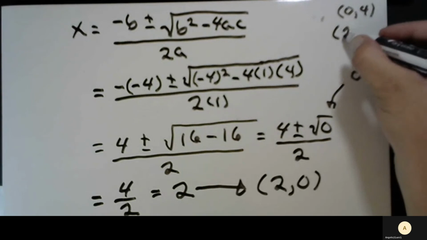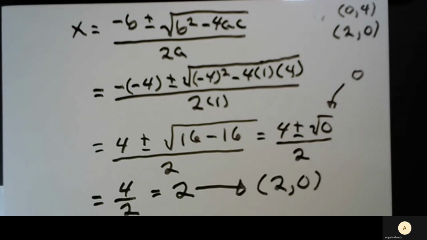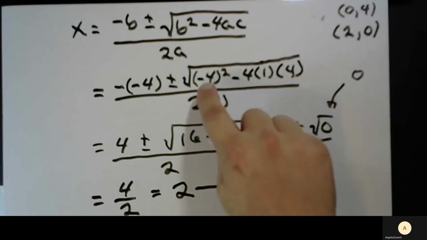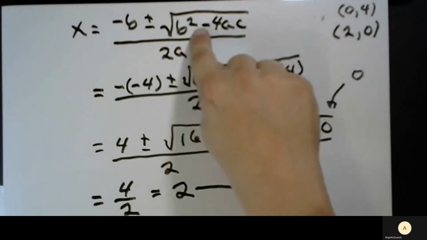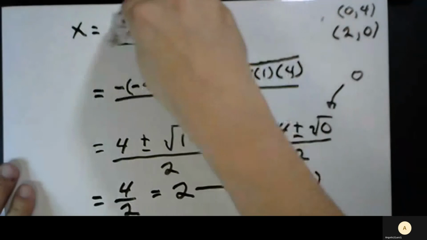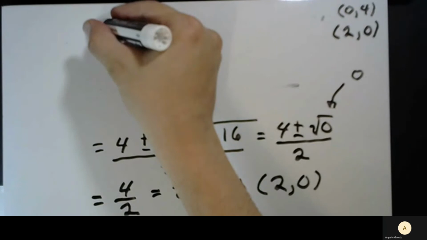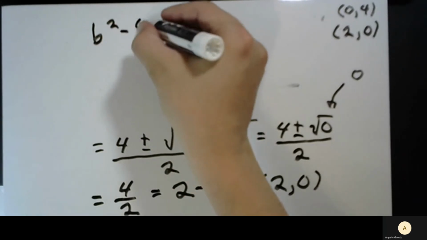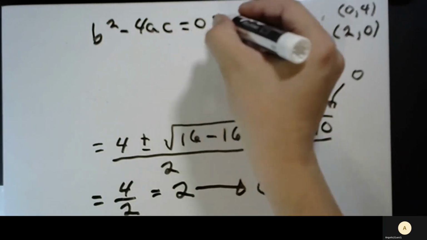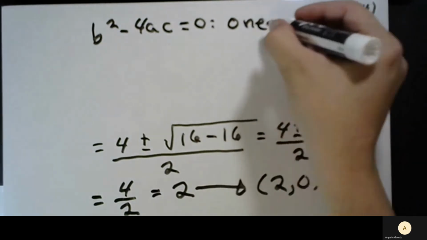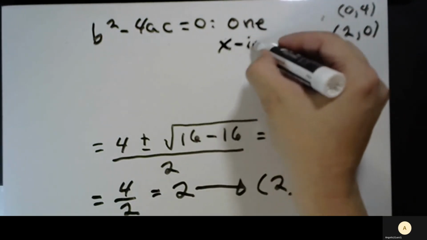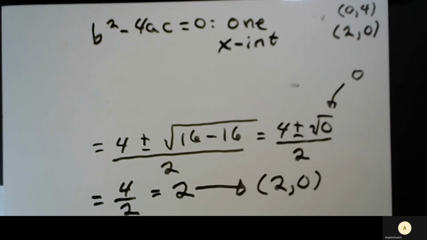So we only get one x-intercept. The reason is when the discriminant equals 0, you get one x-intercept. So the last thing to figure out is the vertex.